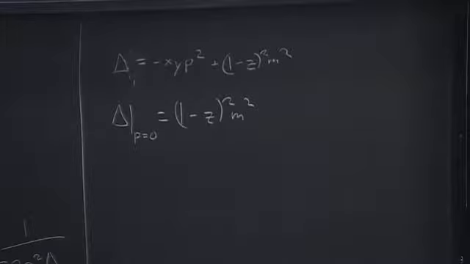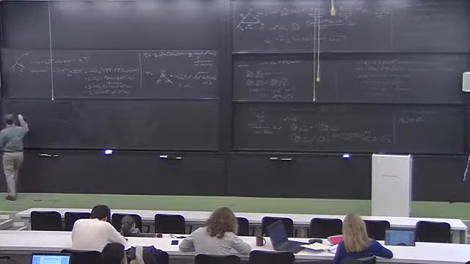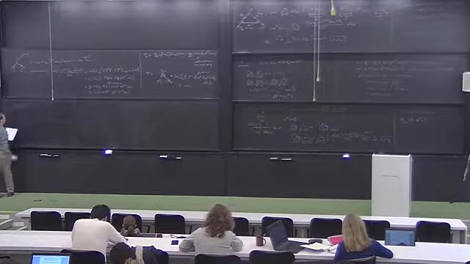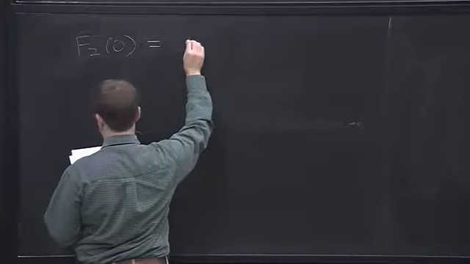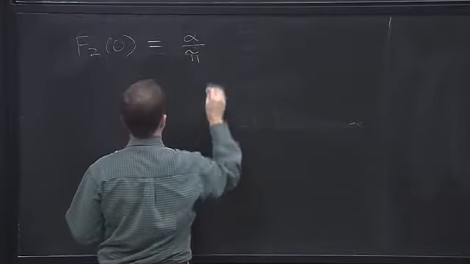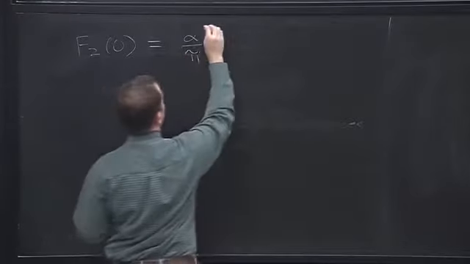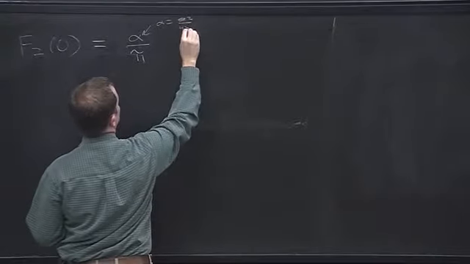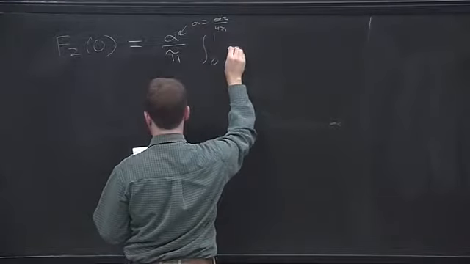So the x and y integrals become trivial in this case. So F2 of 0 just gives us a factor of alpha over pi, where alpha is e squared over 4 pi, times the integral over the Feynman parameters.